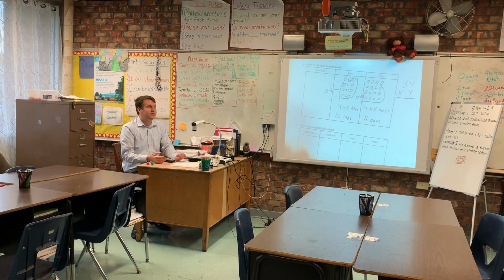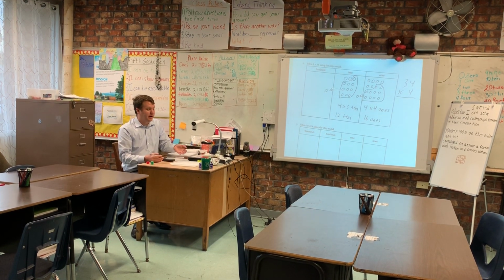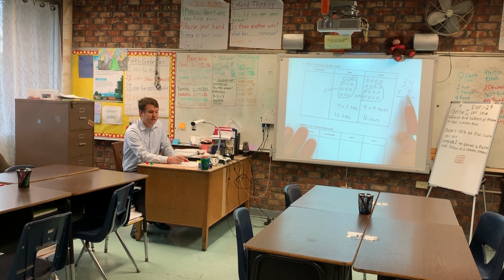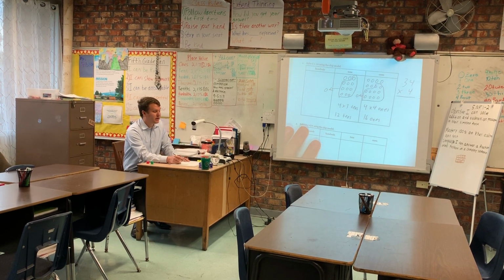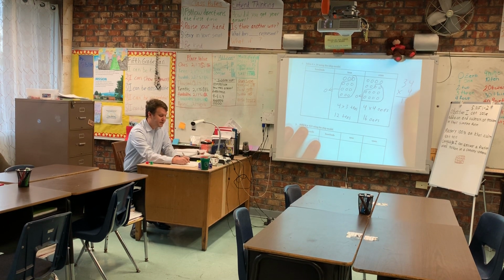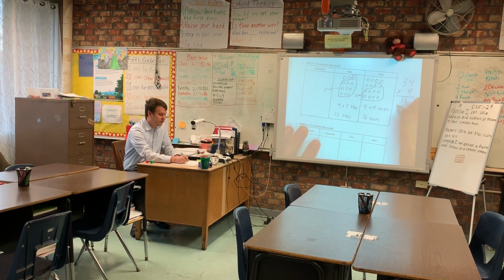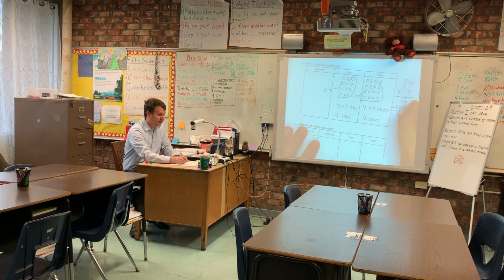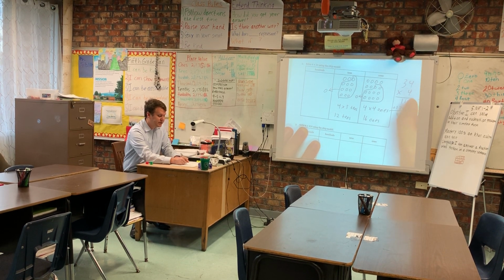And then this helps them actually draw that connection between how they're using the standard algorithm or vertical multiplication and what the actual model looks like. Right, 4 times 4 is 16 ones, 4 times 3 is 120 or 12 tens. When I add that together, I'll end up with 136.